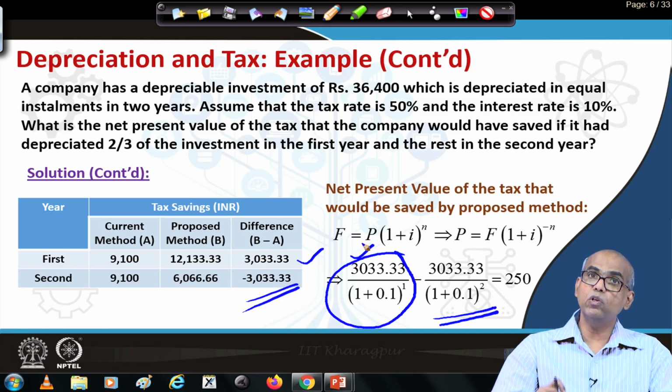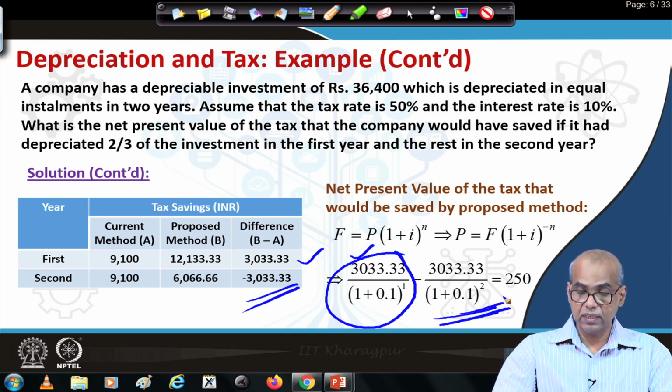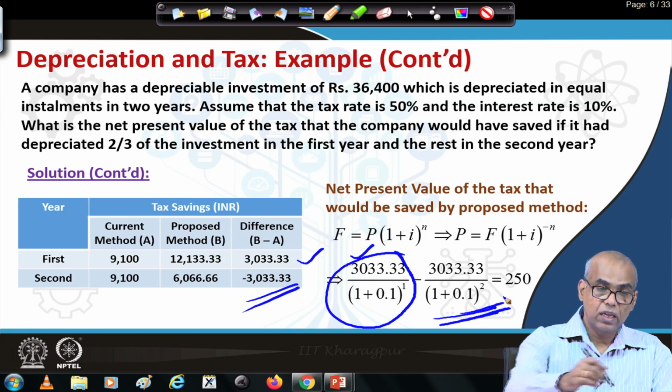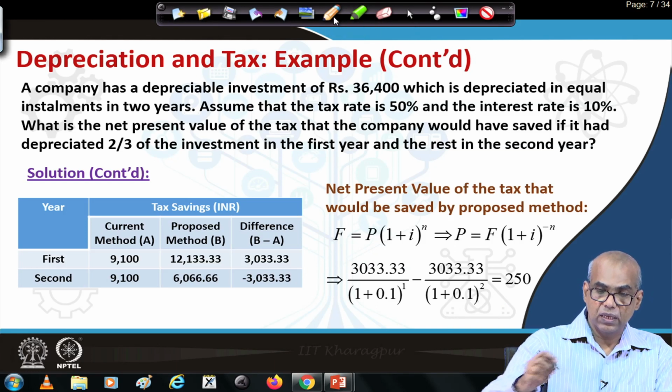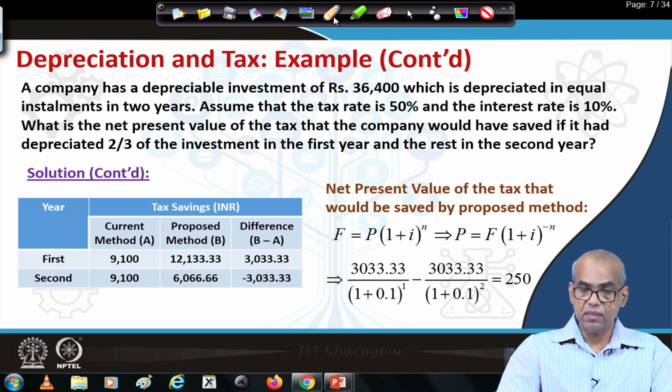That means, n equal to 1 here. For the second year, it is minus 3033.33 divided by (1 plus 0.1) to the power 2, n equal to 2 here. If you compute this, it will be 250 rupees. So, that is the net present value of the tax that the company will save if the company switches to the proposed method.